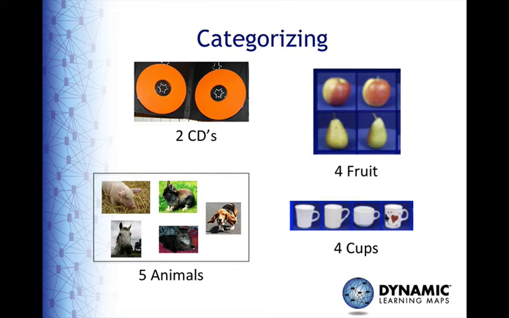When working on categorization, instruction should focus on concrete objects readily available in the classroom. Initially, the teacher will provide the property or feature by which objects are to be grouped, such as size, color, shape, or use. Students will later develop their own classification guidelines.